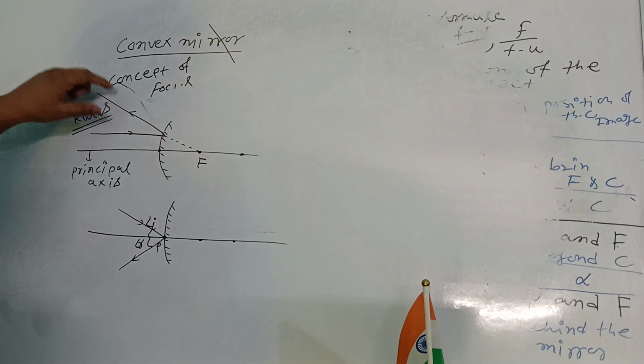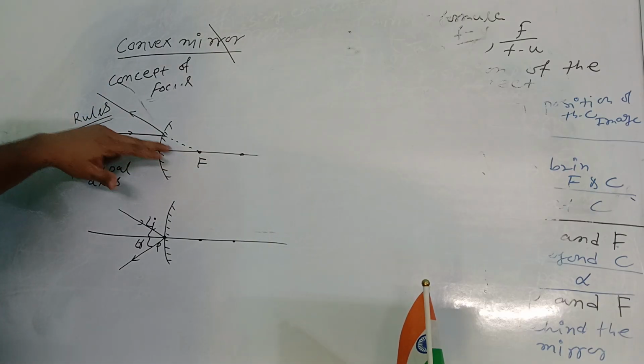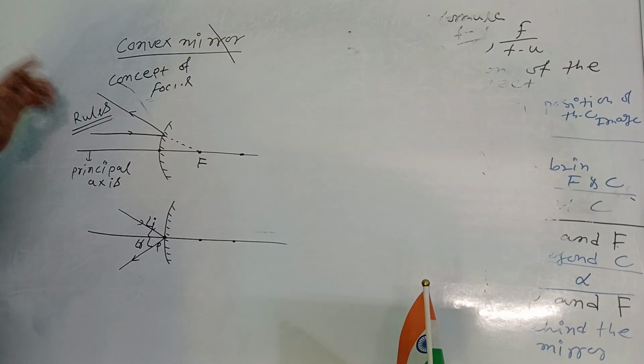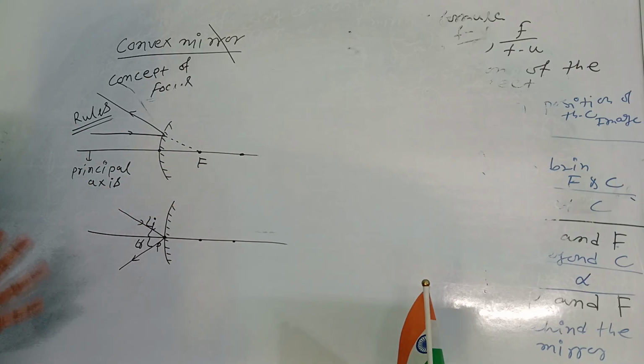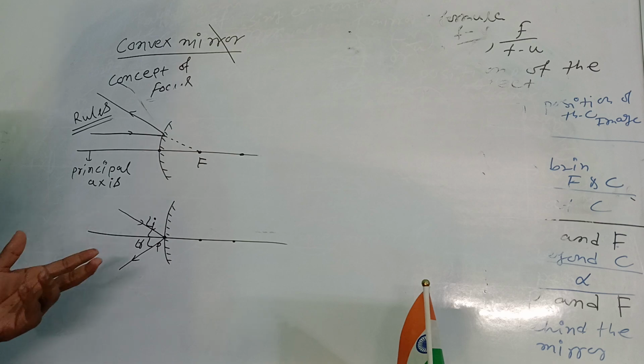So this is the first one. If it is parallel, it appears to diverge from the focus, and then for oblique incident, angle I and angle R remain the same.